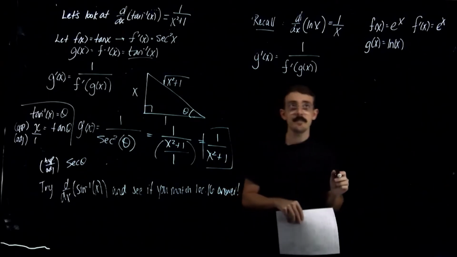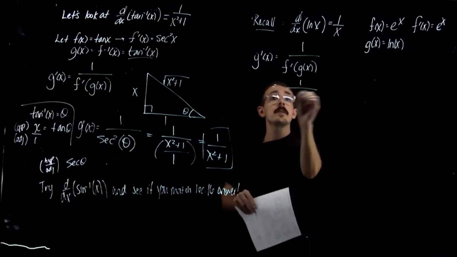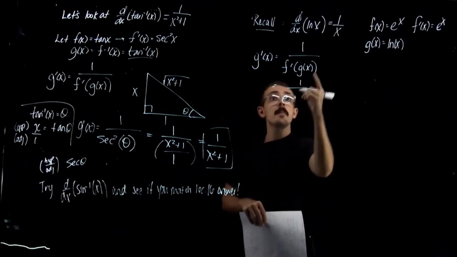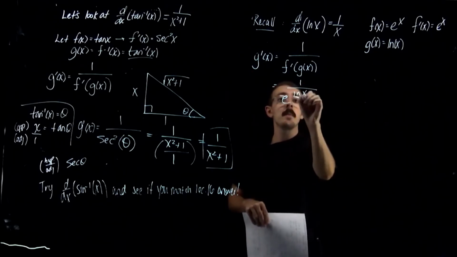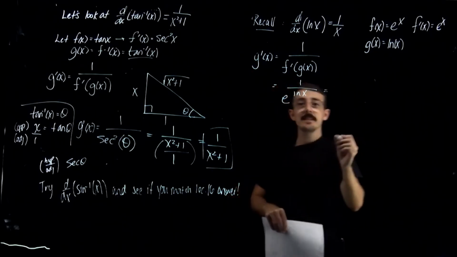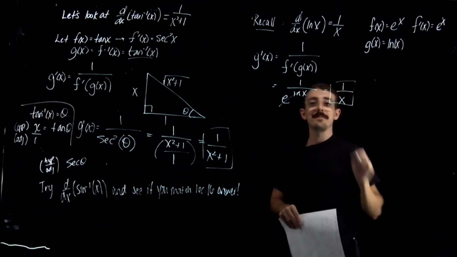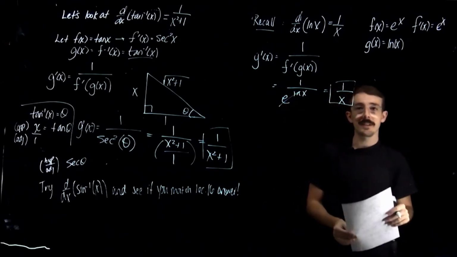That's the rule, if f and g are inverse functions. f prime is e to the x. So I have e, but I'm going to plug g of x into where x is, and that's ln x. And e and ln cancel here, and I just get 1 over x. So very straightforward using the new rule that we just learned in this video.